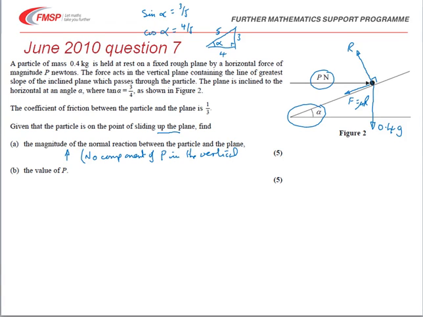So for the first part of the question, A, I can now write down an equation, alpha being this angle here, so that R cos alpha minus F sine alpha minus 0.4g, those are the forces acting vertically, is equal to 0.